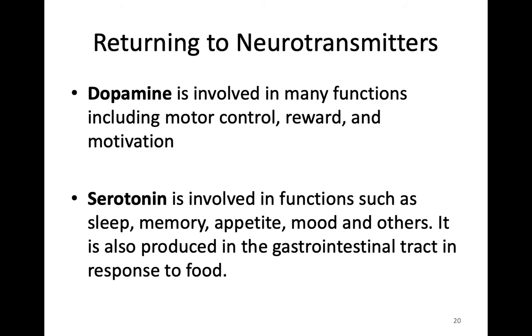Now, a very interesting thing about serotonin is that there appears to be a relationship between normal seasonal variations in levels of serotonin and the amount of available sunshine.